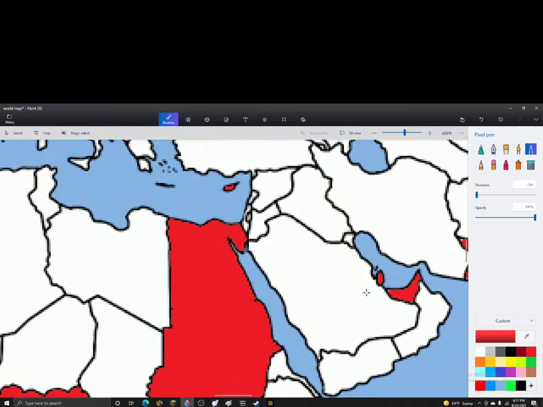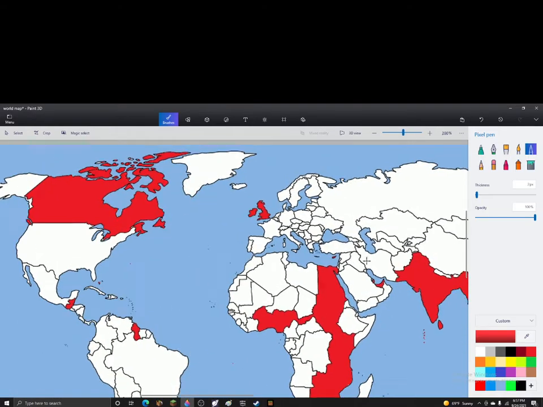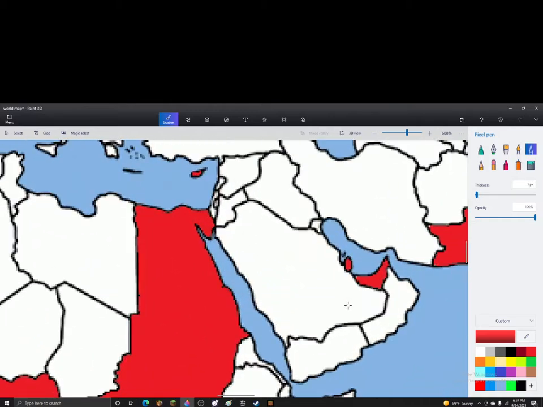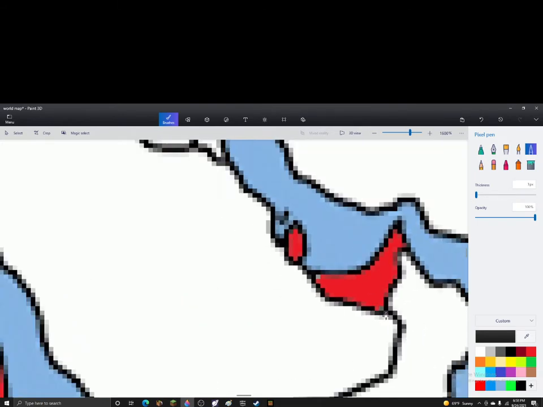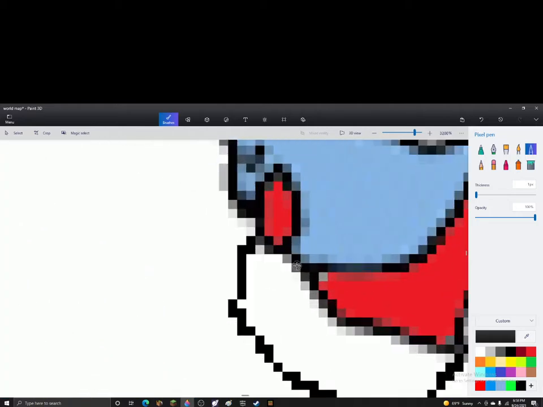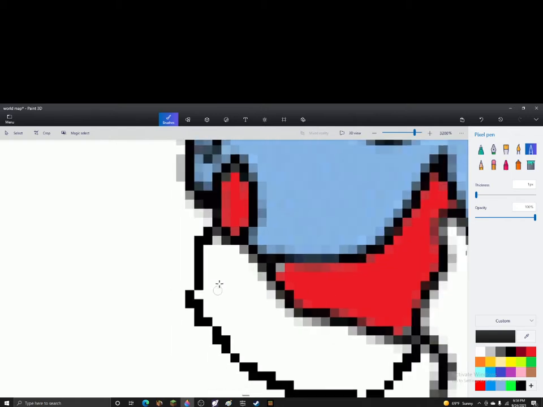Next thing Britain wanted was to take out a part of Saudi Arabia. They hatched a plan where they would take out this entire chunk of Saudi Arabia so they could connect Qatar to the UAE.